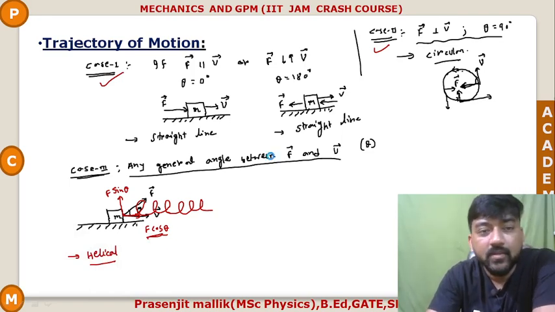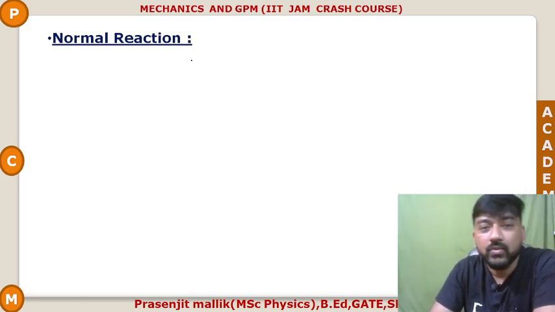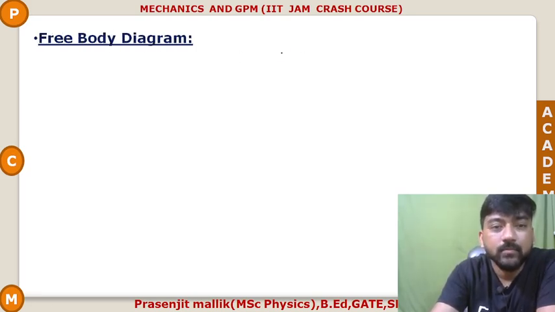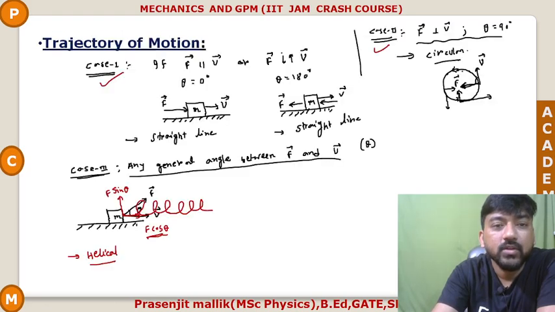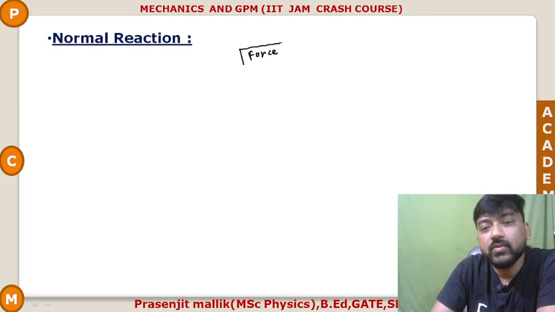Now let me tell you about the various kinds of force. One of the important forces is normal reaction. If you talk about force, then force can be categorized into two categories initially in mechanics.